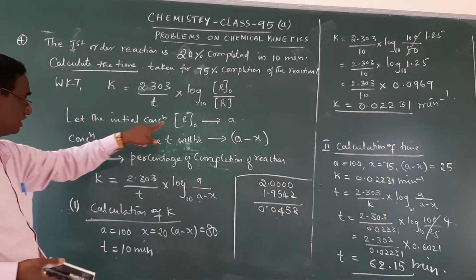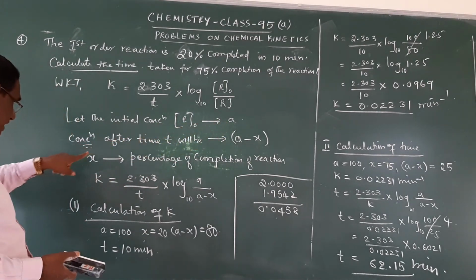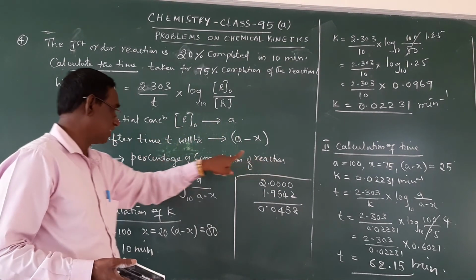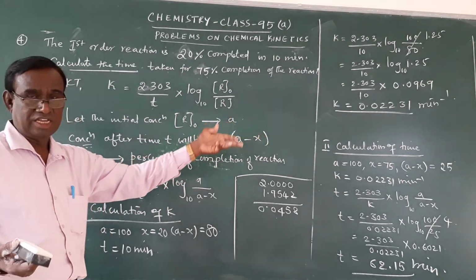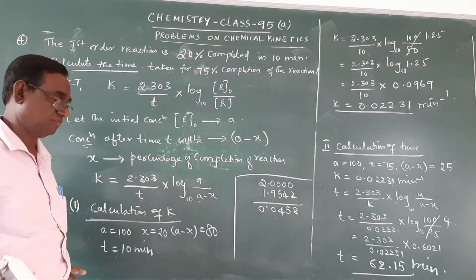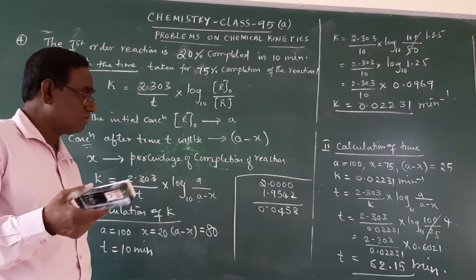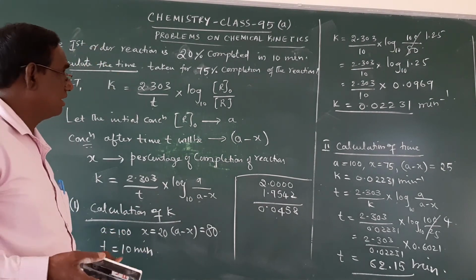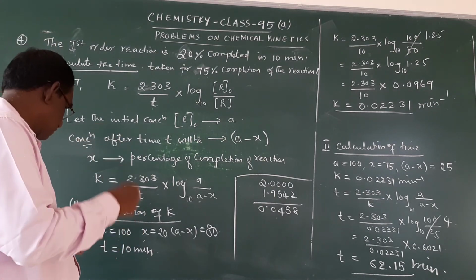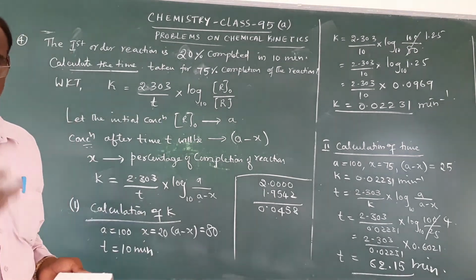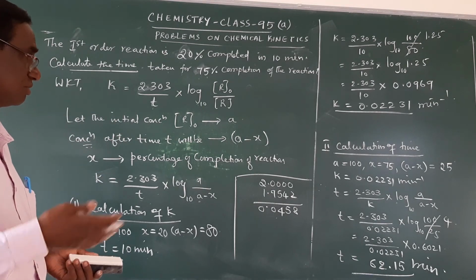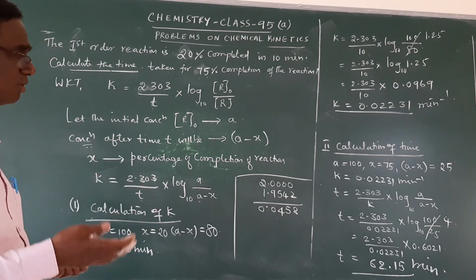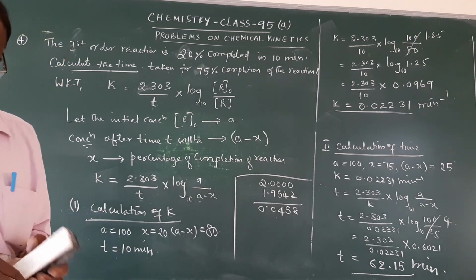That is initial concentration R naught is equal to a, and x is nothing but the percentage of completion of the reaction. Therefore, concentration after time t will be a minus x. a is 100 always. Okay. So that is how you can calculate the rate constant as well as time for a given percentage of the completion of the reaction. So we will come to the next problem actually.